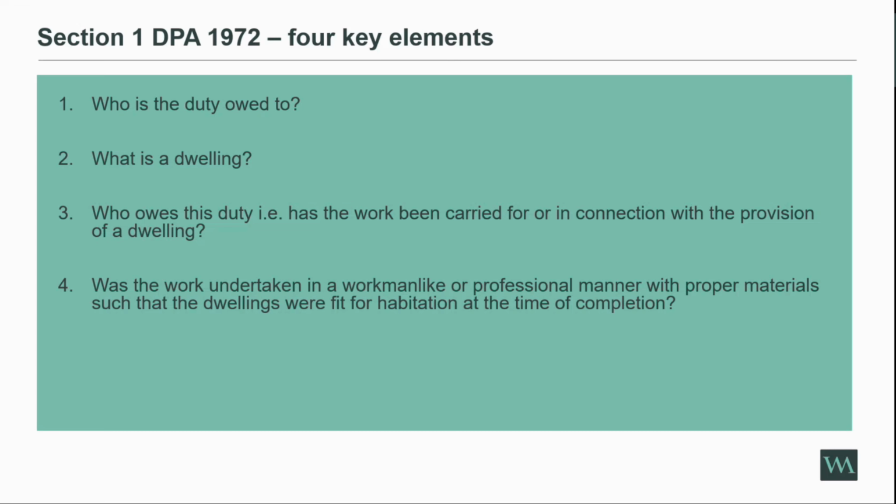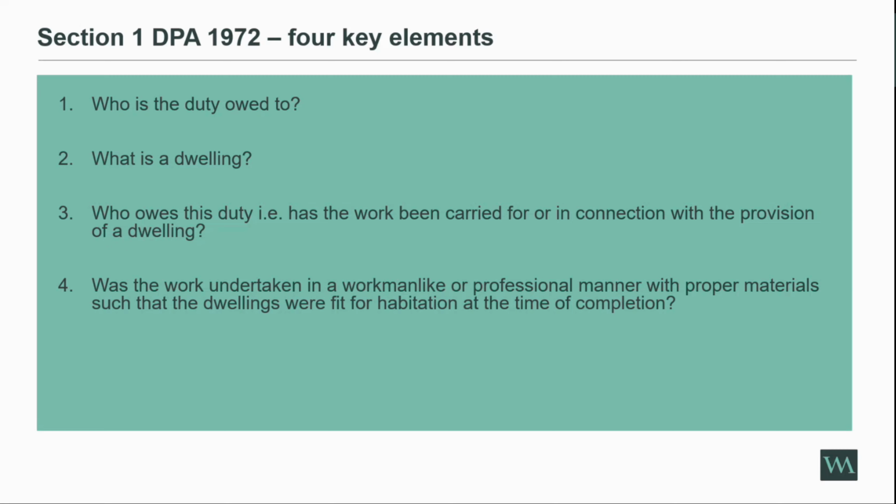So the second aspect, once we've looked at the building regs, is we need to show that the dwellings were unfit for habitation. Now, it's a funny wording, but it's basically judged at the date the work is completed. But even though it's judged at that time, just because you couldn't see that those issues were there doesn't mean that it was fit for habitation.